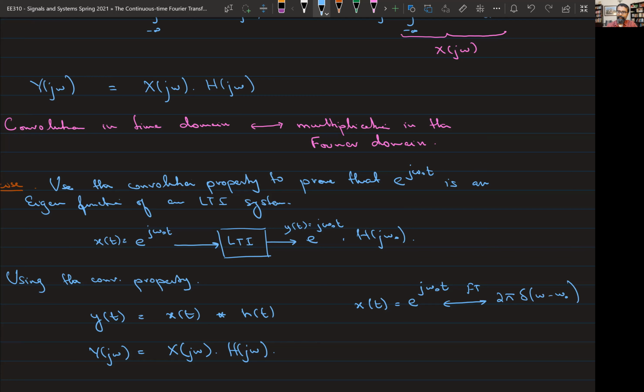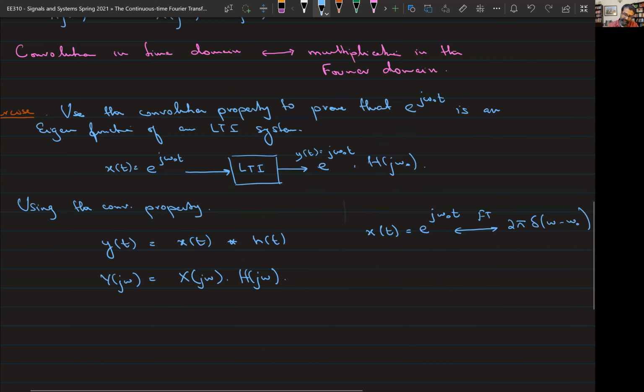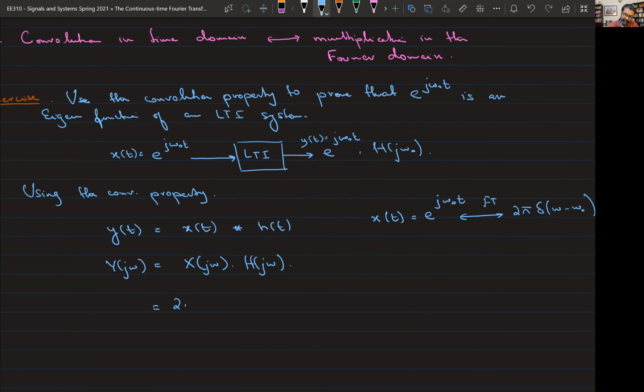Right? And so what do I get here? So therefore this is 2 pi delta omega minus omega naught times h of j omega. What is this equal to?